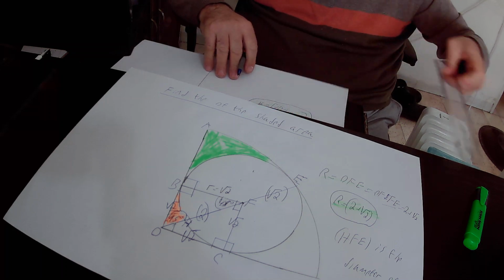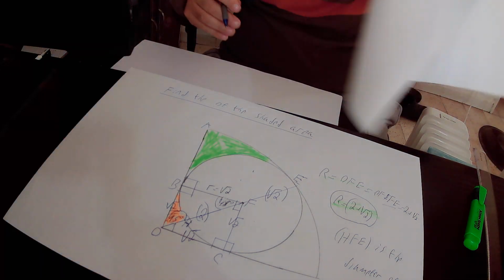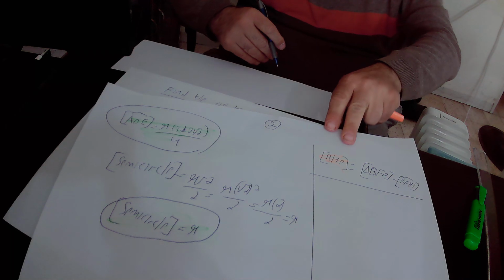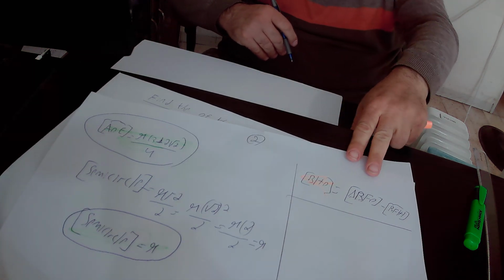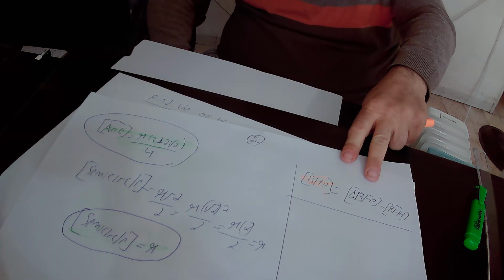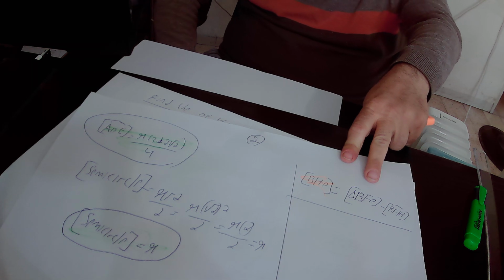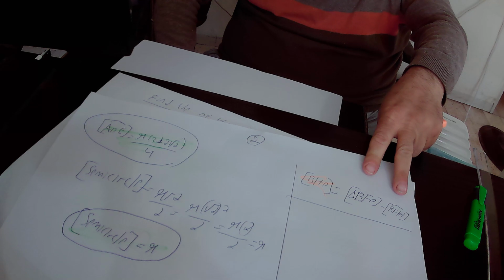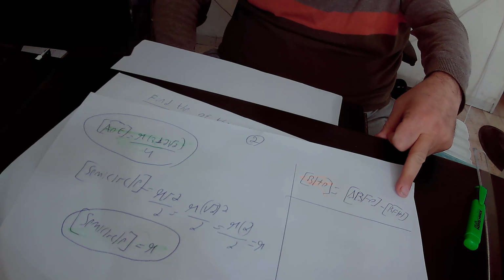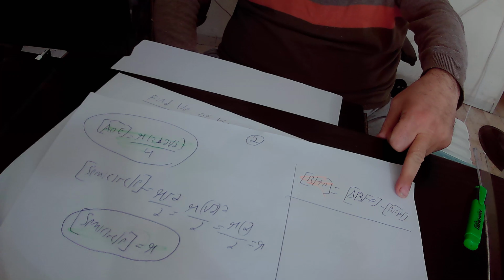Again, the area of the orange shape BHO is equal to the area of the right-angled isosceles triangle BFO minus the area of the small sector of the small circle BFH.